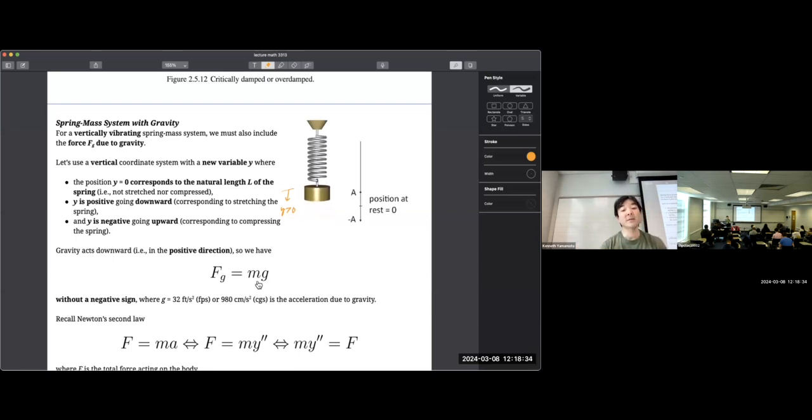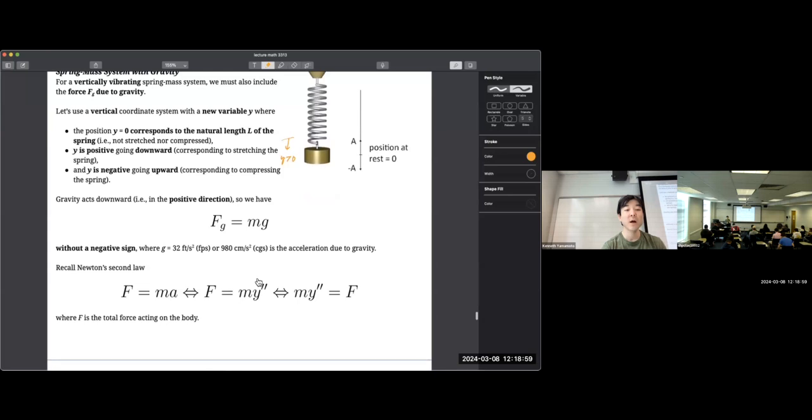And m is the mass of the object, and g is the standard acceleration due to gravity, which depends on the units for the problem, but it could be 32 feet per second squared, or 980 centimeters per second squared. If you convert that to meters, it would be 9.8 meters per second squared. That's just how it is on Earth. And it's going to be proportional to how massive your object is. That's going to be your gravitational force.